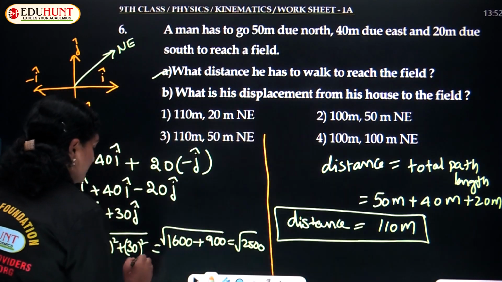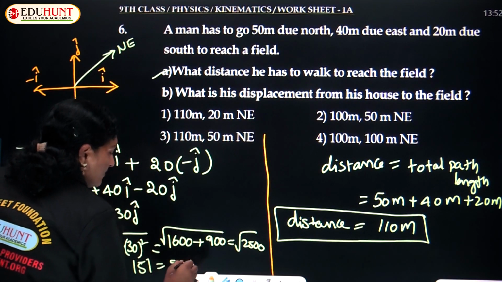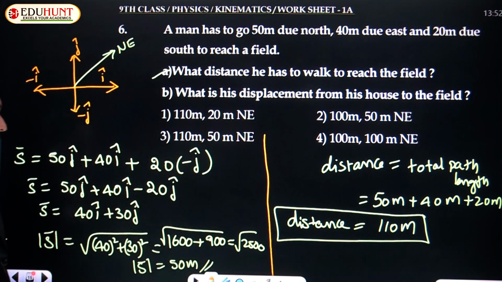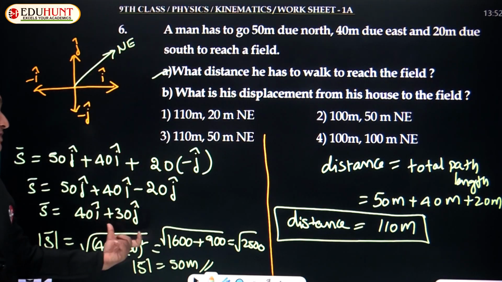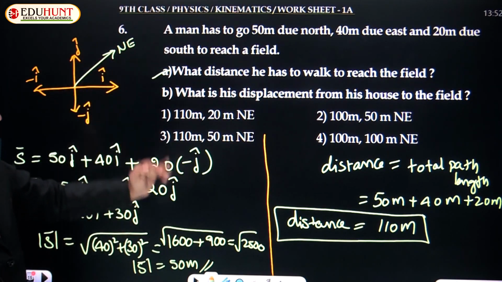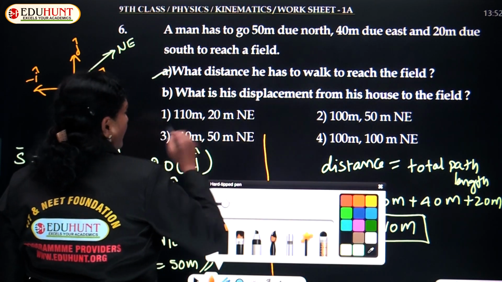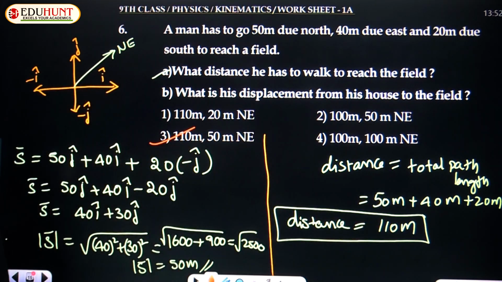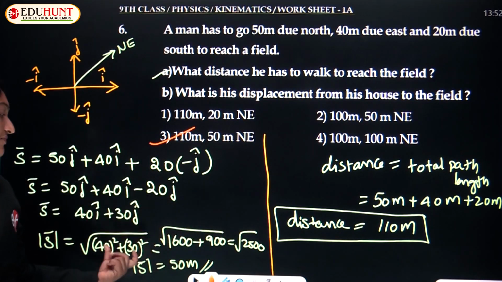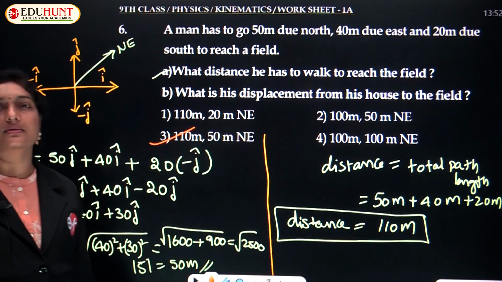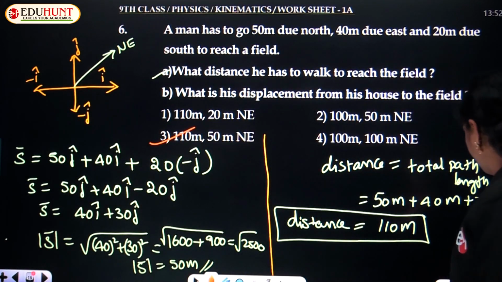So the magnitude of the displacement vector is root 2500, which is 50 meters. So 50 meters in the northeast direction. So the displacement vector is 50 meters northeast, distance is 110 meters. Hence, the only correct option is option 3. Distance is 110 meters and displacement is 50 meters towards northeast. I think it is clear, my children.